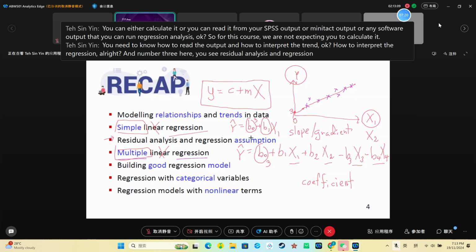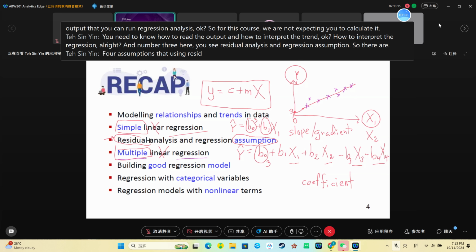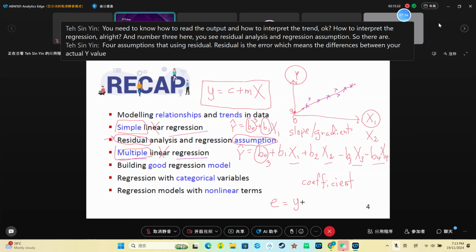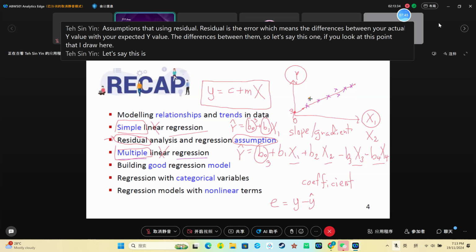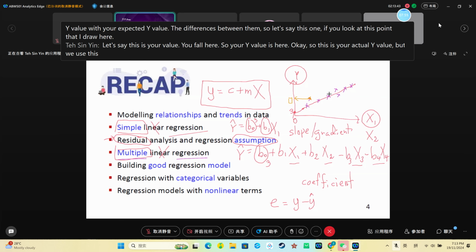And number 3 here, you see residual analysis and regression assumption. So there are 4 assumptions that use residual. Residual is the error, which means the differences between your actual y value and your expected y value. Let's say if you look at this point that I draw here, this is your actual y value. But we use this red color line to predict.